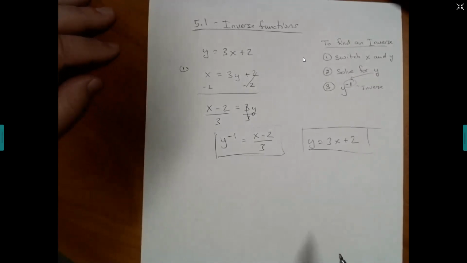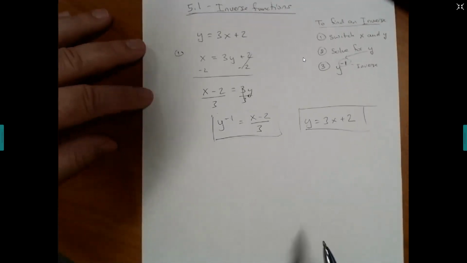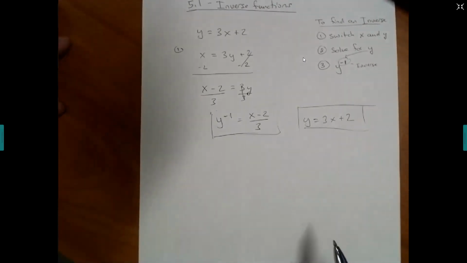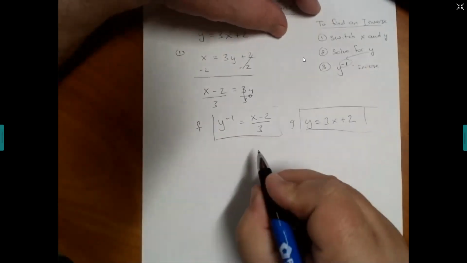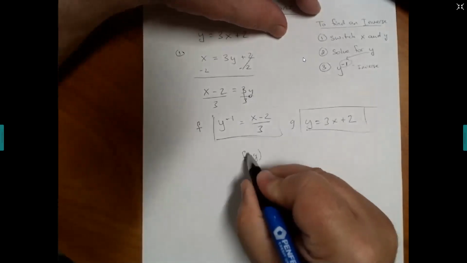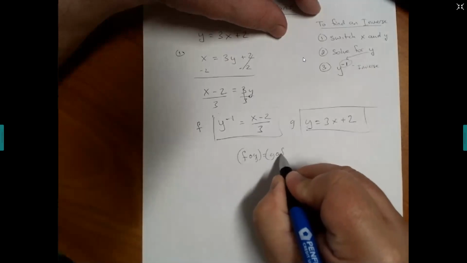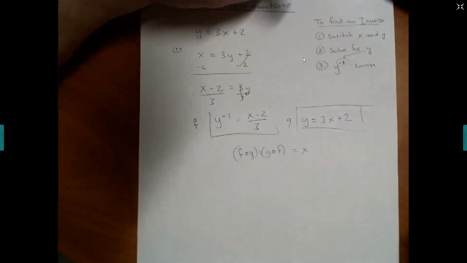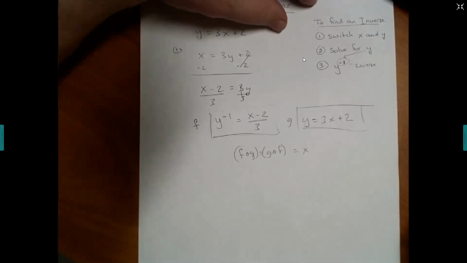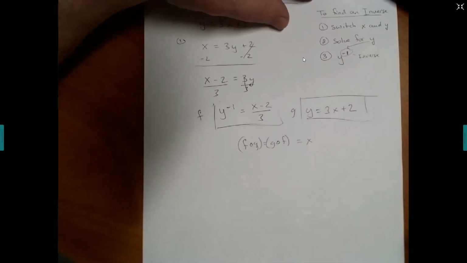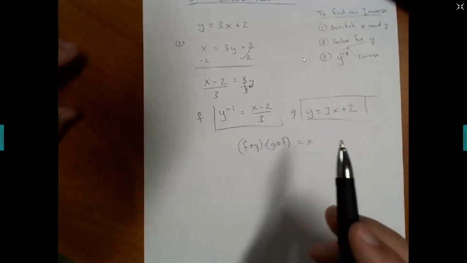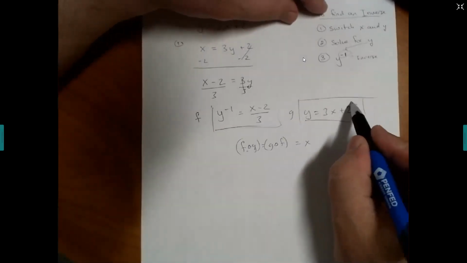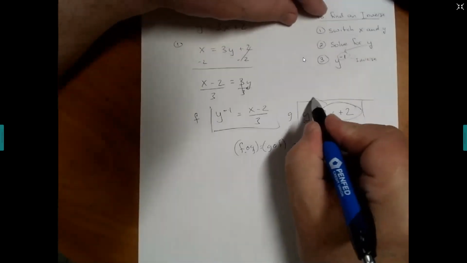Remember from section 2.3 how we test if they're inverses? Because if this was f of x and this was g of x, f of g and g of f both have to equal x. To be an inverse, we have to check both ways. So f of g, we take the g function, plug it in place of x.